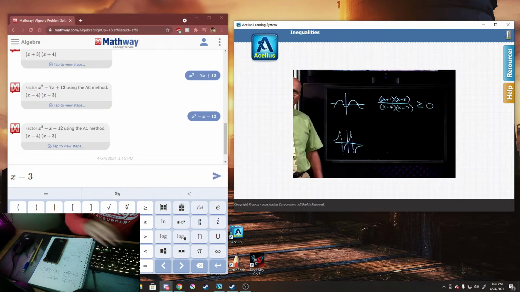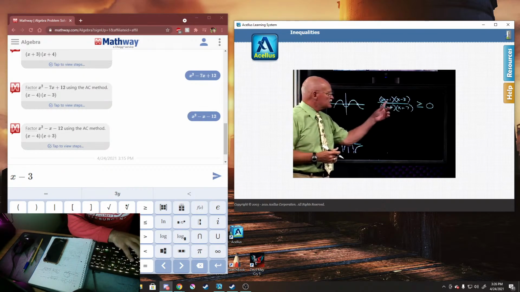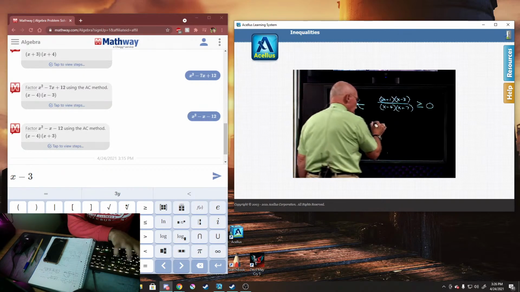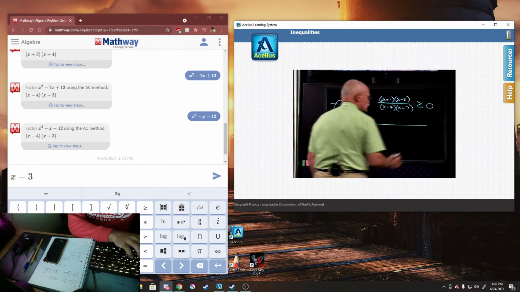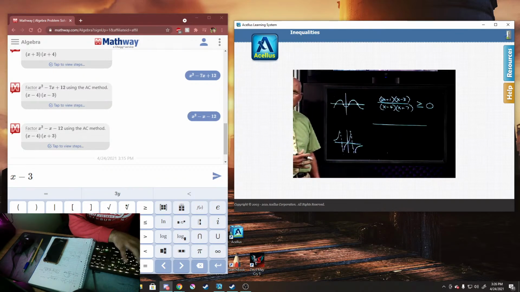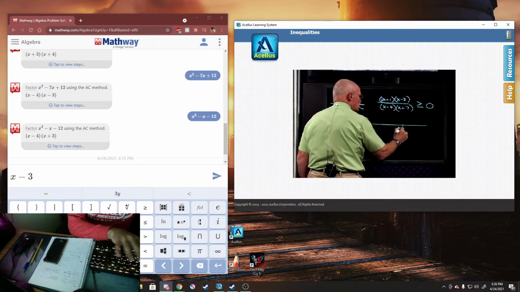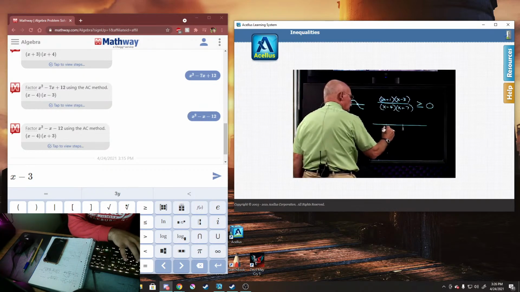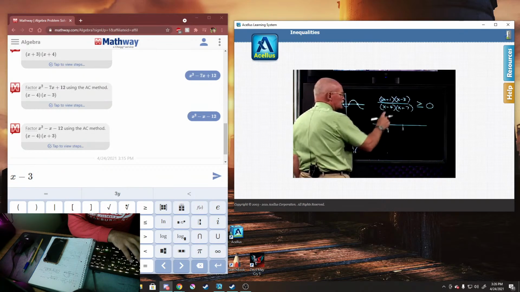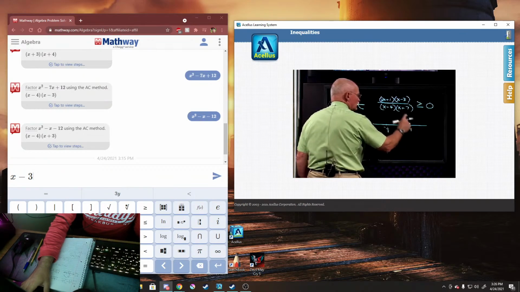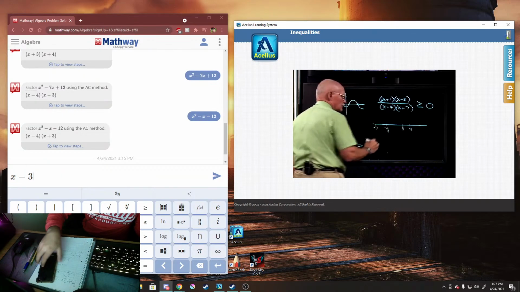I know from my work with rational functions that this thing is 0 in 2 places, and it's undefined in 2 places. So what I'm going to do is put those places on a number line. It's 0 at 3, it's 0 at negative 1/2. It's undefined at 4, and it's undefined at negative 7.